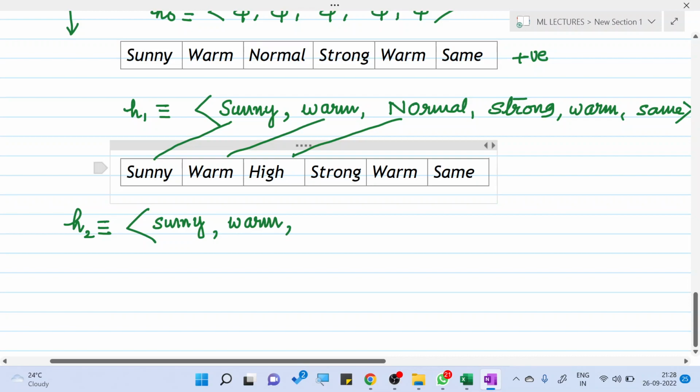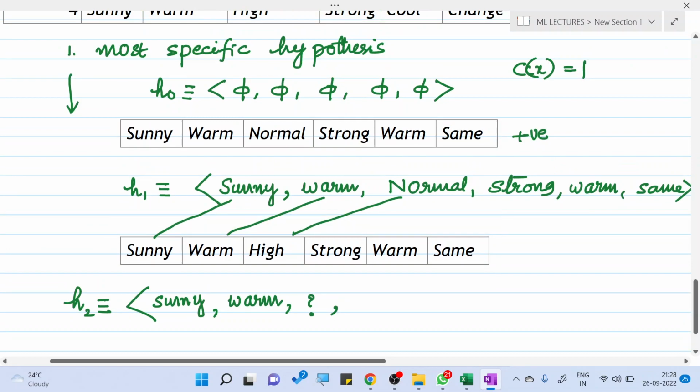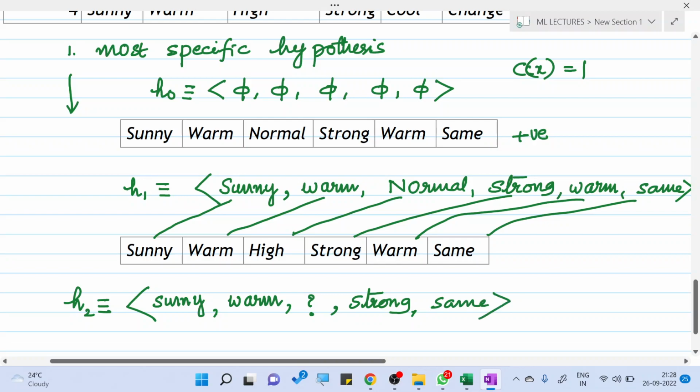The second example says that if the humidity is high, he will enjoy the sport. Both are true. So I want to accommodate both. So to accommodate both values, I replace that with question mark. Then strong, strong, no change, no contradiction. Both are saying the same value. Then warm and warm, same and same. So I updated my hypothesis.